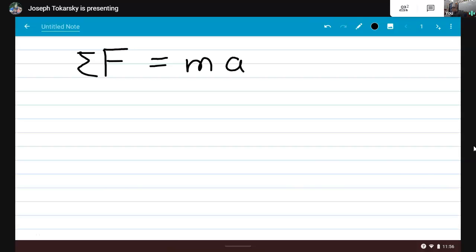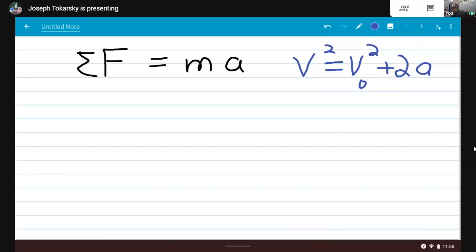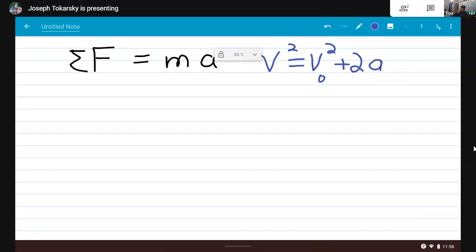One of our kinematic equations was v squared equals v initial squared plus 2a times some displacement that we might refer to as delta x or delta y. Let me just more generically call it d.